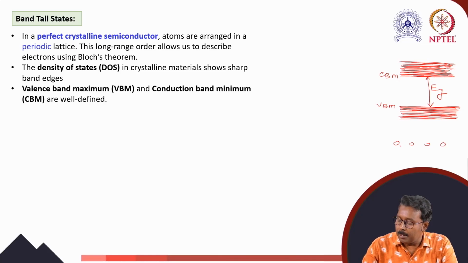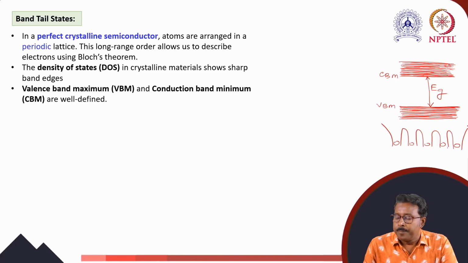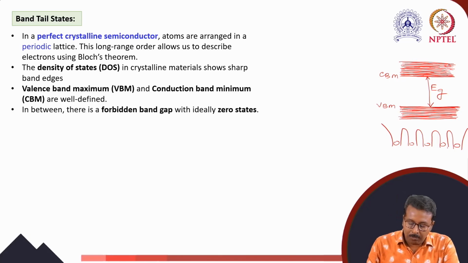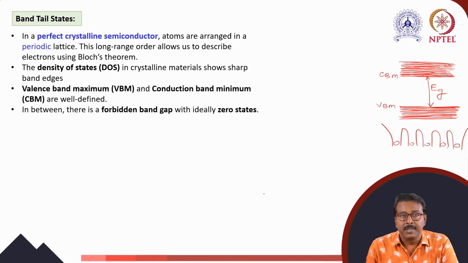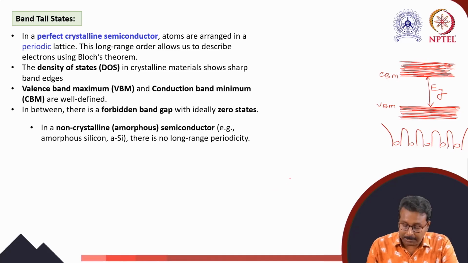So this is the potential we have considered, if you remember. Now this forbidden gap has zero states in the case of a perfect crystalline semiconductor.